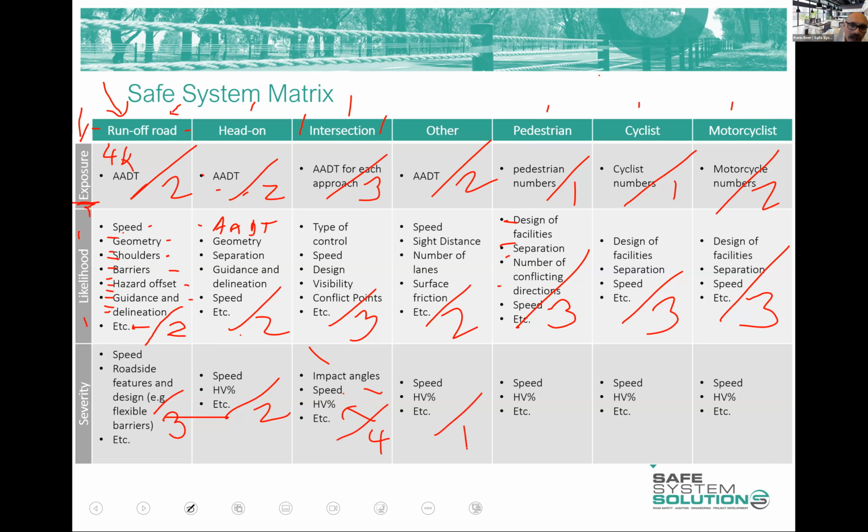Others, we might put a 1, because we're thinking about side swipe crashes maybe. Pedestrians, well, they're going to be a 4 and a 4, because these are our vulnerable road users. And motorcyclists are a 4 as well. Again, you'll justify it, you'll think about it, you'll look at the graph, you'll make a judgment call on all of this yourself.